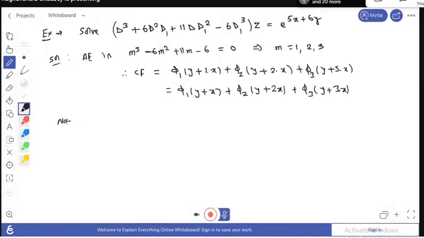So we are interested in finding the non-homogeneous part, and this is the particular integral. What is a particular integral? This is 1 over f(D, D1) operating on the function f(x, y).